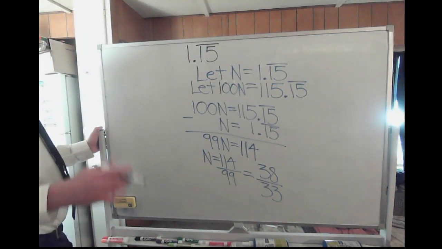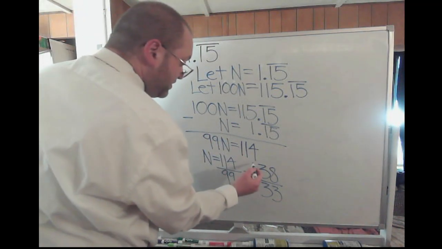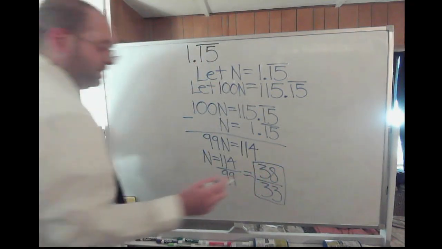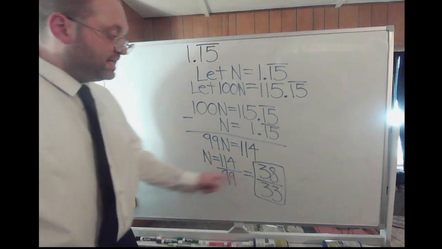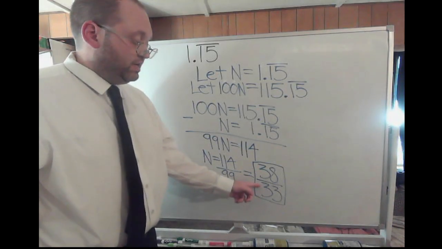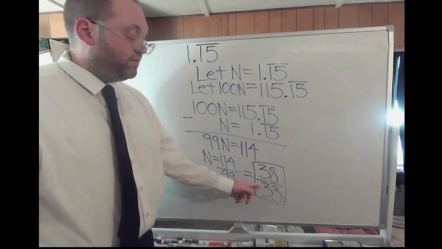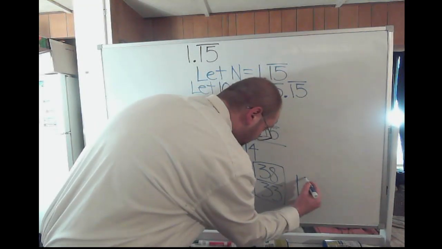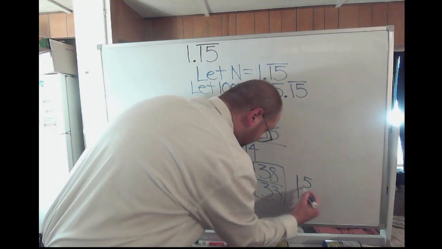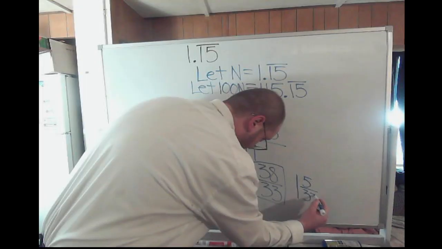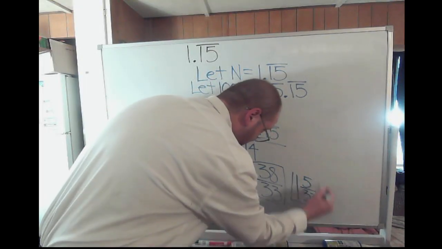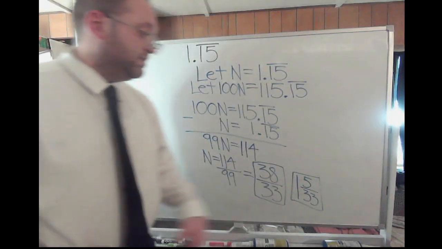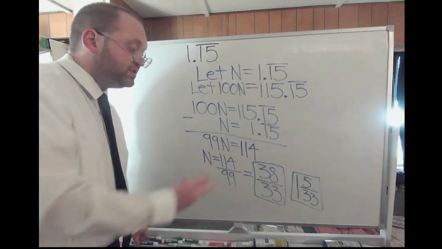So remember, when working with a fraction, always remember to reduce it into the simplest terms possible. That's one way you could write your answer, as an improper fraction. The other way is as the mixed number of 1 and 5/33. Both of those will give you the same result.